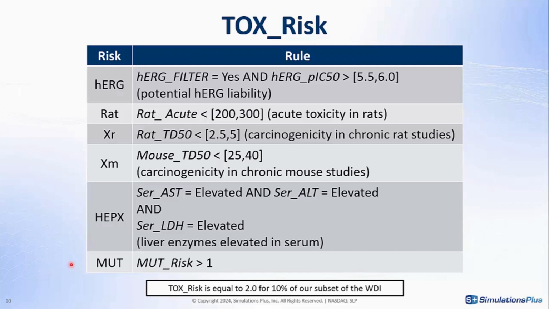If it's above 1, the compound would have a full penalty, and below 1, it would have no penalty whatsoever. So the maximum penalty for anything would be 6, because there are 6 risk rules. When we apply these to our subset of the World Drug Index, the top 10% have a risk of about 2. So this would be kind of a cutoff. If your tox risk is above 2, then you may want to deprioritize that compound.